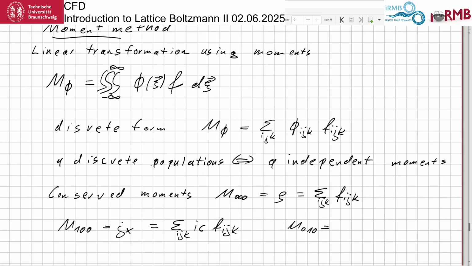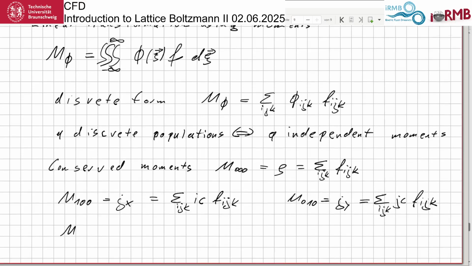M010, jy, is the sum of c_y f_ijk. And just for completeness, jz is the sum over ijk of c_z f_ijk. These are the conserved moments.